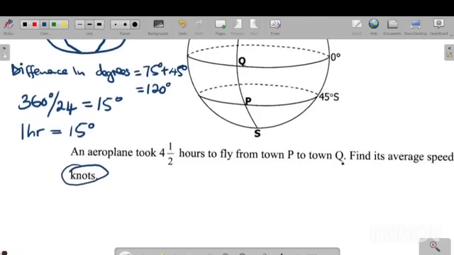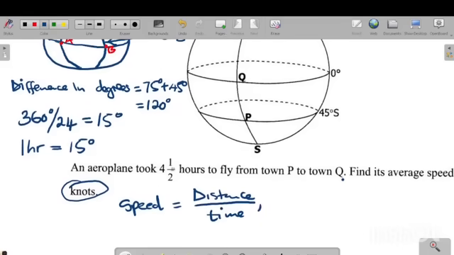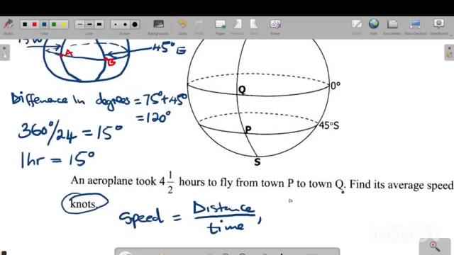All right, so what we know is that speed is given by distance covered or taken, divided by time taken. All right, now when we look at our data here in the question, we've been given time, which is 4.5 hours.